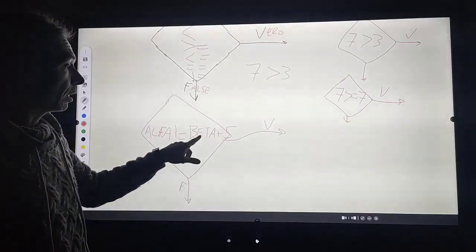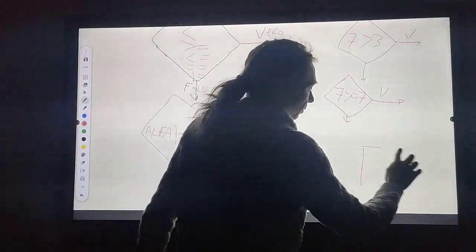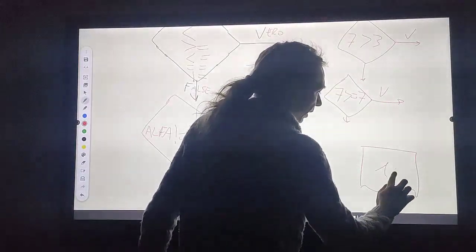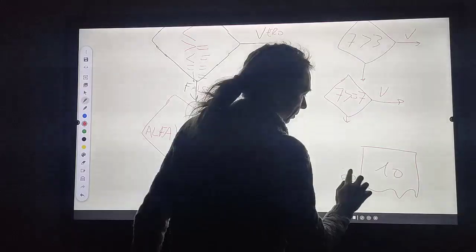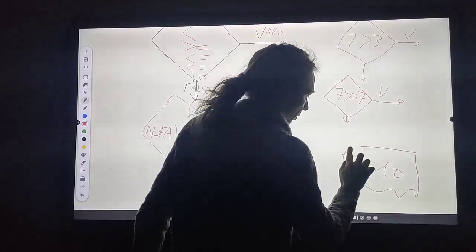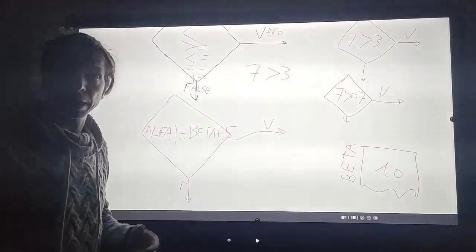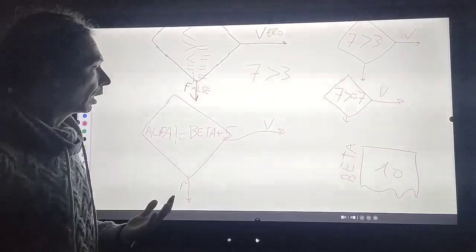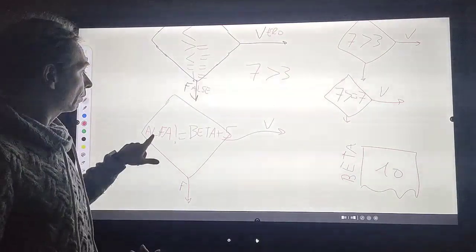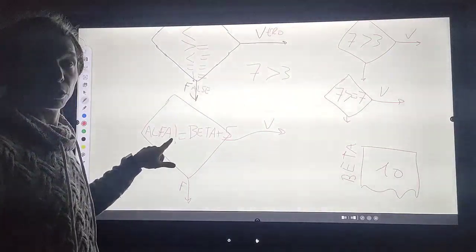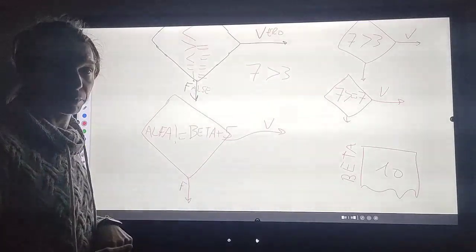So let's say beta contains 10. This is beta. It will do 10 plus 5, 15, and we will look if alpha is not equal to 15.